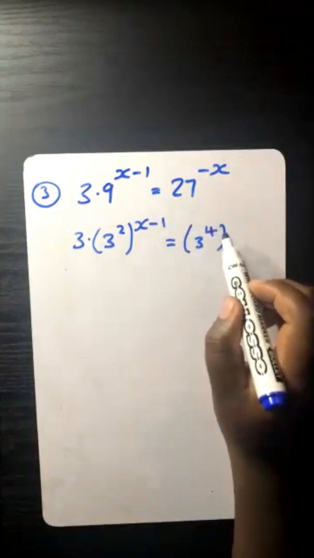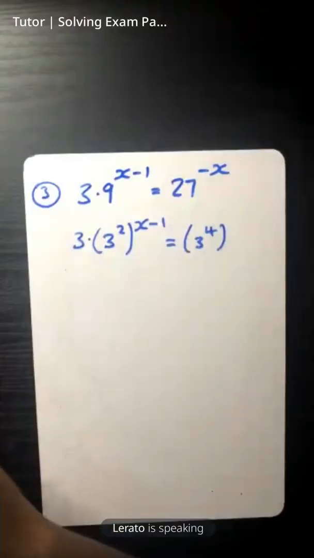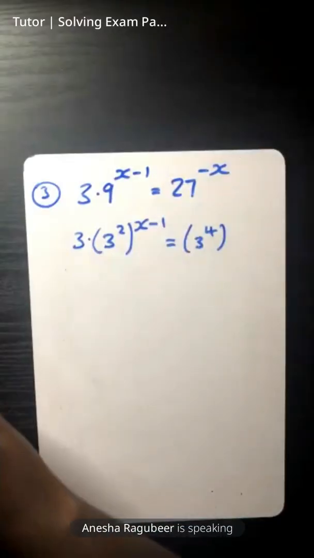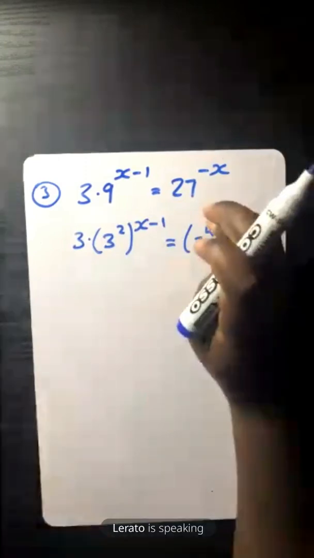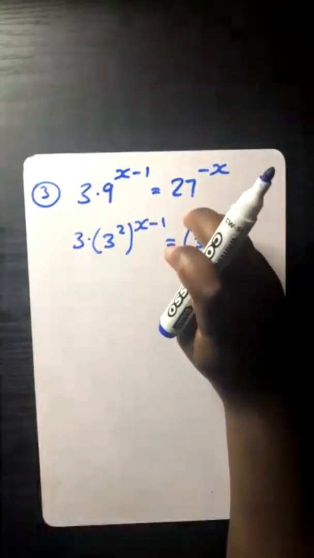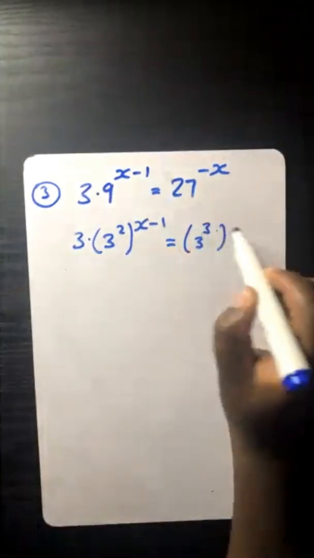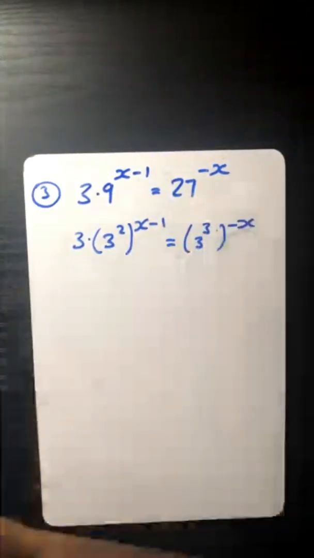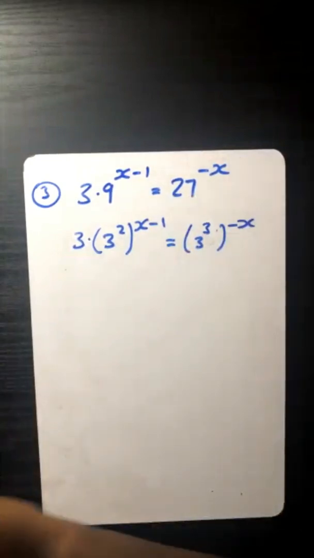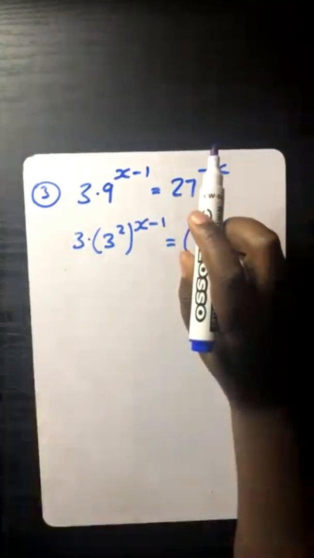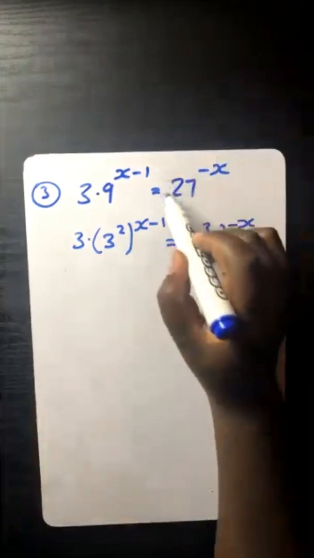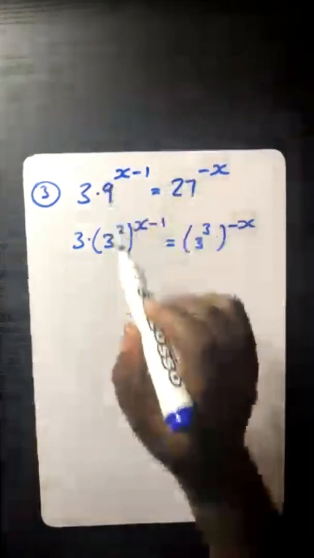So the exponent there is x minus 1. Then this is equal to, what is 27? Is it not 3 to the exponent 4? Let me see. No, 3 to the exponent 3 is 27. So the exponent there is negative x. Can you see? I did not change anything. I just rewrote those bases in that form.